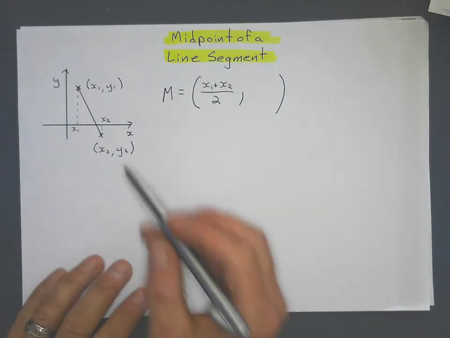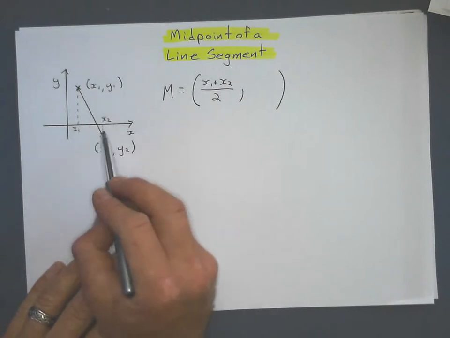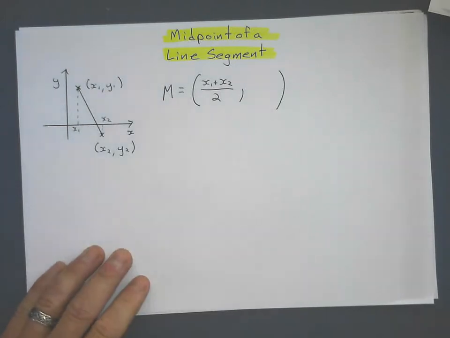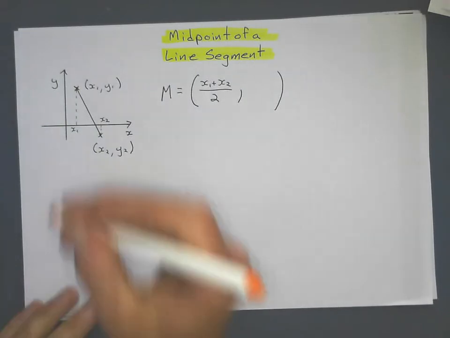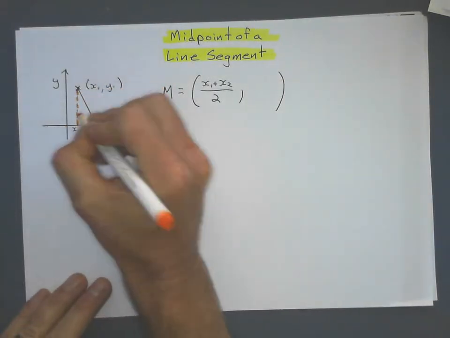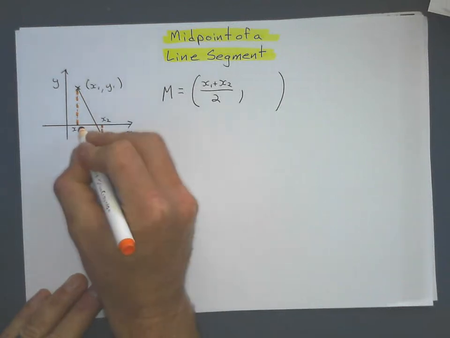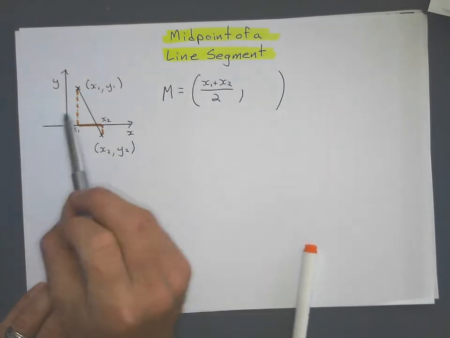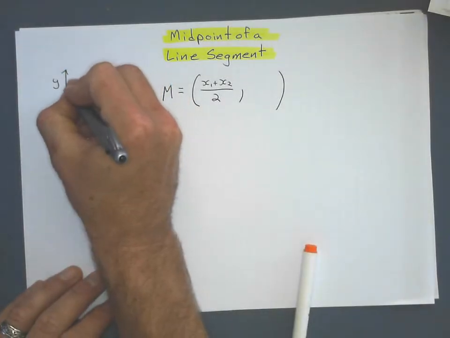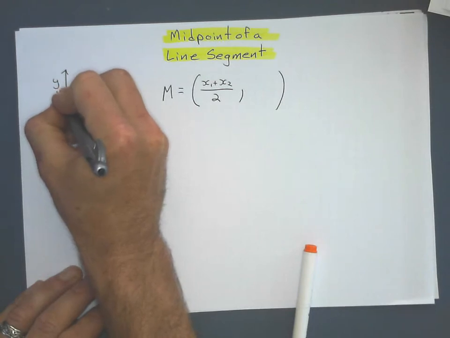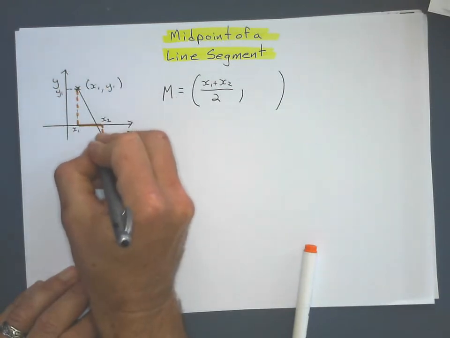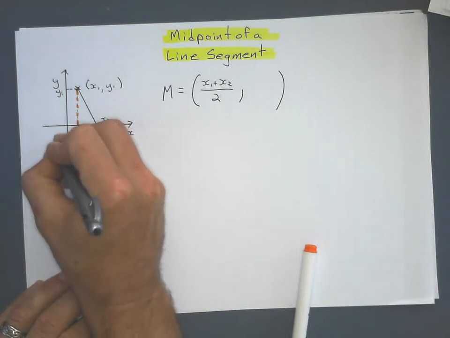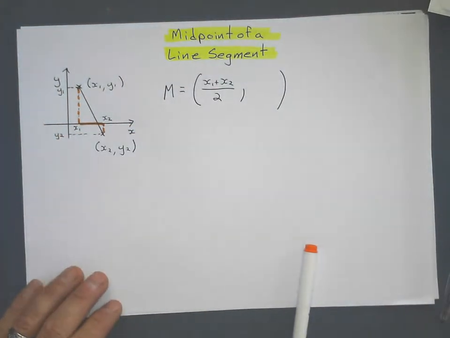And it's also going to be the mean average of the y-coordinates. So that orange length right there means that the x-coordinate of the midpoint will fall right in the middle of that orange line somewhere. And for the y-coordinates, there's y1, and there's y2.